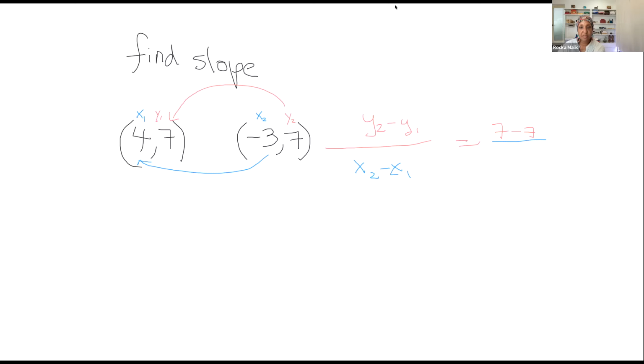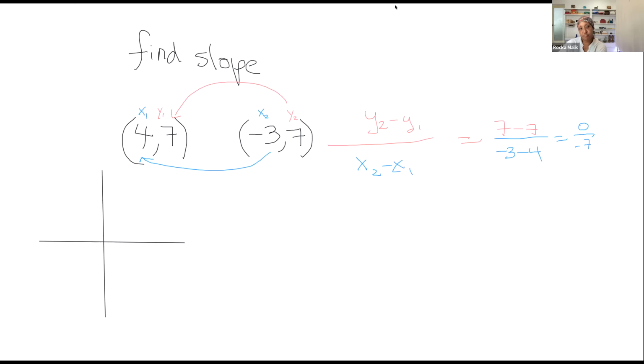So minus 3 minus 4 gives me 0 over -7. So that means this is my y business, right? Which means I'm not going to go up and down at all on this line. I'm just going to go over 7, which means my slope is 0.